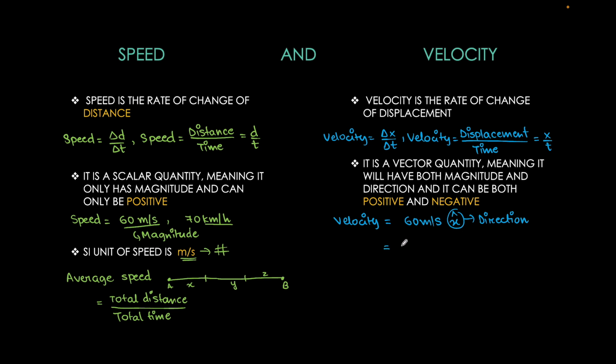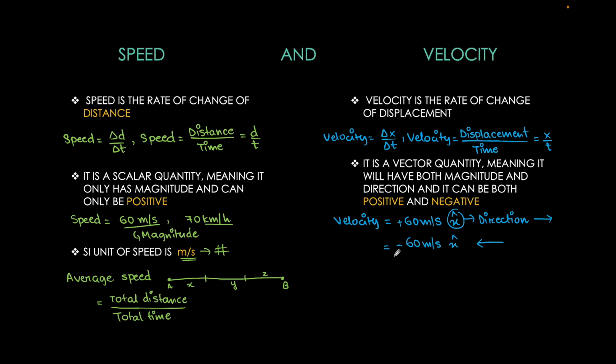Now, the velocity can also be minus 60 meter per second x cap. So what this negative means is that in the previous case where it was positive, the car was moving in this direction, right? And now when it is negative, the car is moving in the opposite direction. This is what the negative sign means.